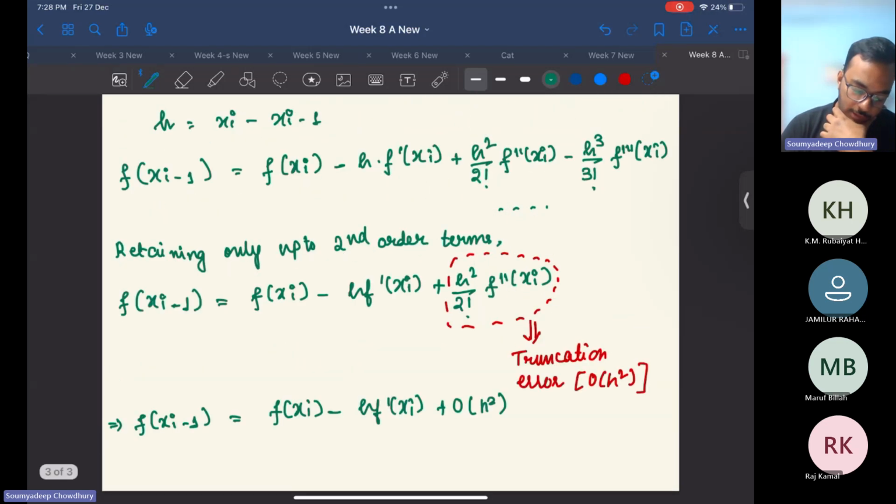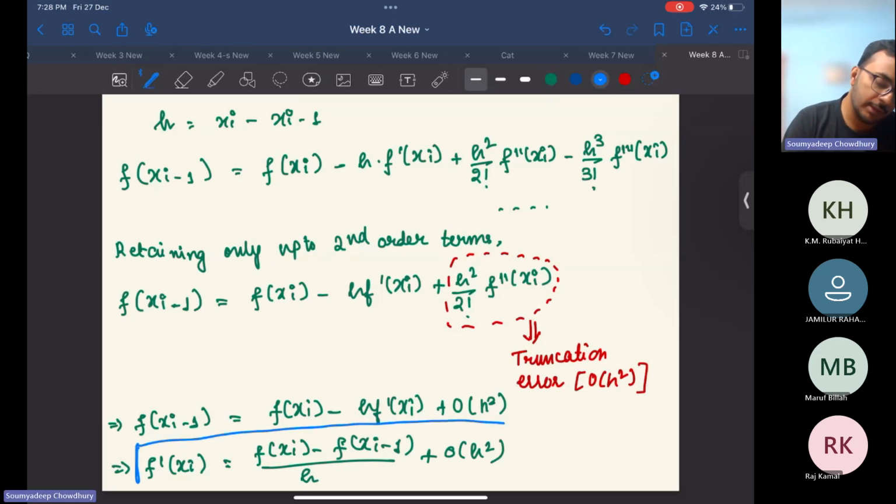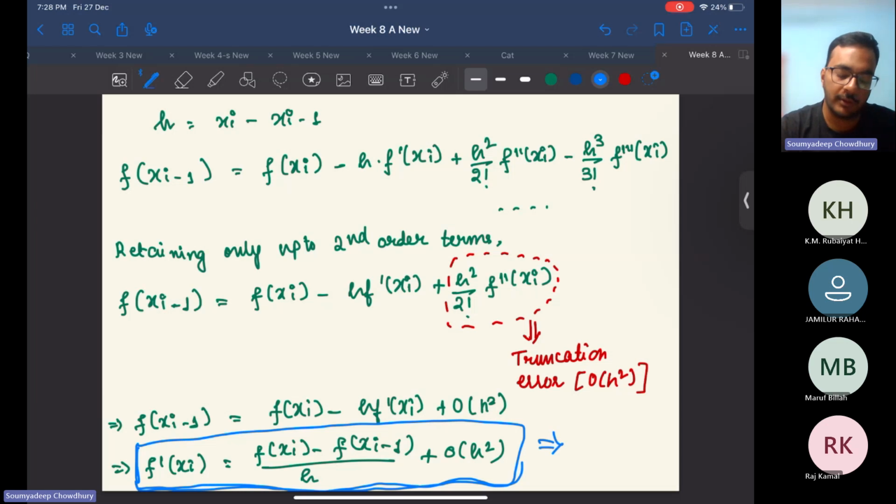From this, if we try to find f dash of xi, it is f of xi minus f of xi minus 1 upon h. This is the final expression for finding the derivative of a function using the backward difference formula.